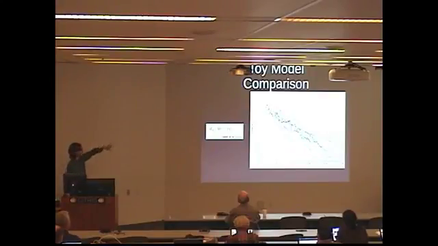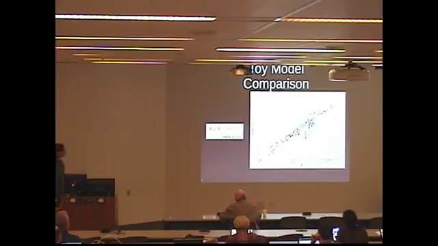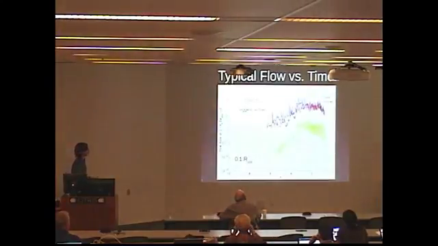If you divide out the dependency on the virial mass of the halo, you can see the redshift evolution works out very well. And here's what happens if you divide out the redshift evolution and just look at how it evolves with the virial mass of the halo, and again, it matches very well. So this toy model does seem to agree quite well with how things are flowing onto the virial radius. But then you want to look at what's happening inside that.